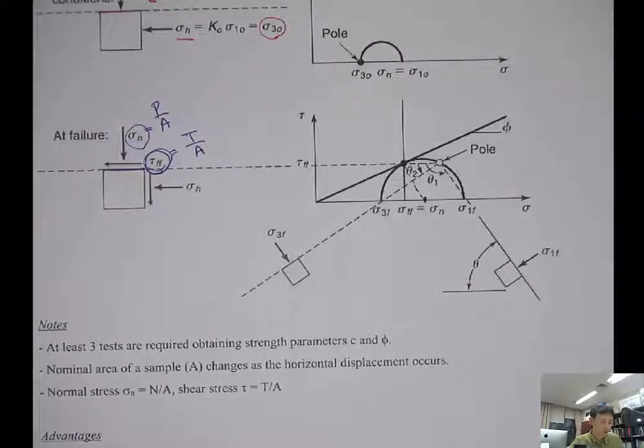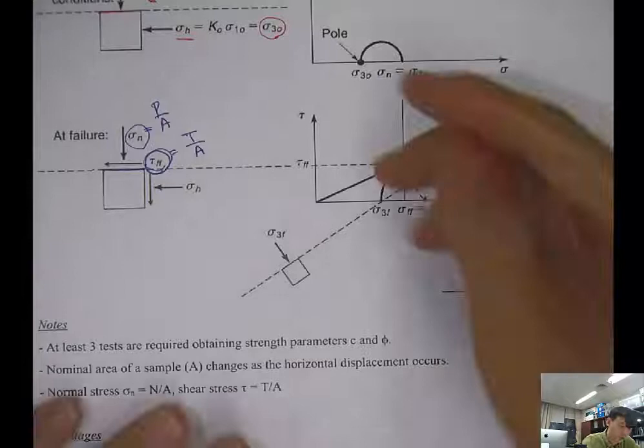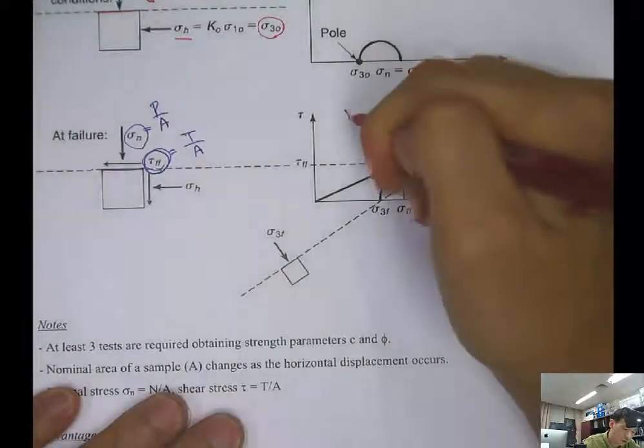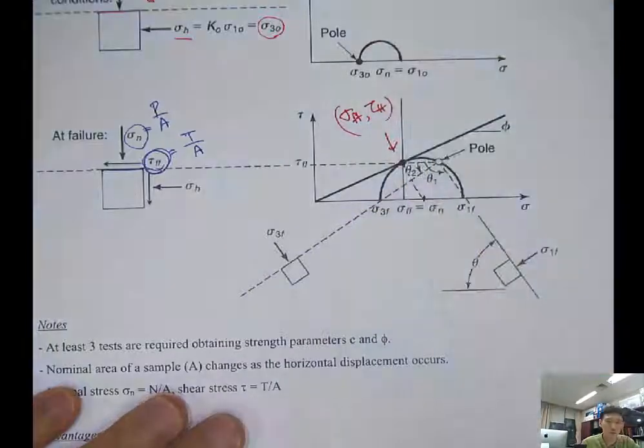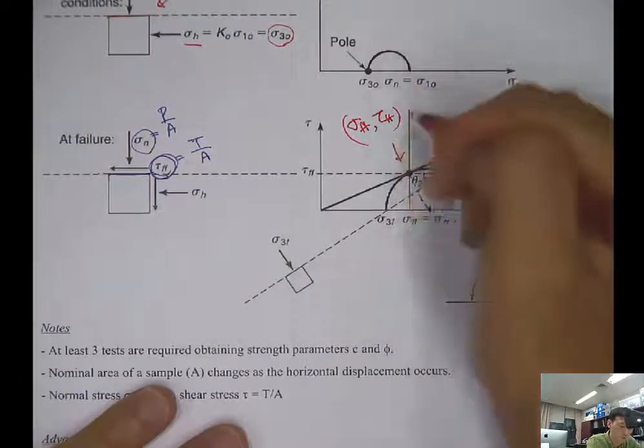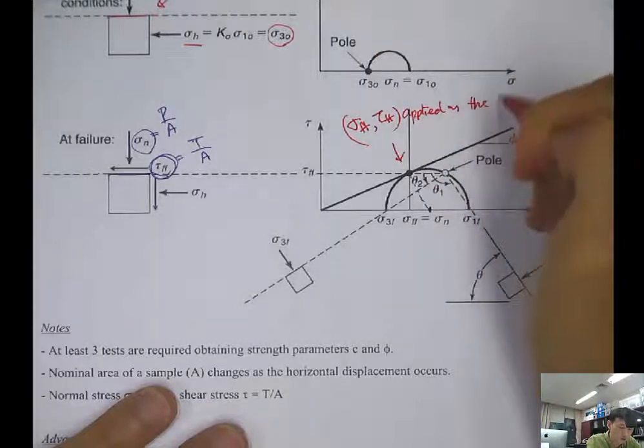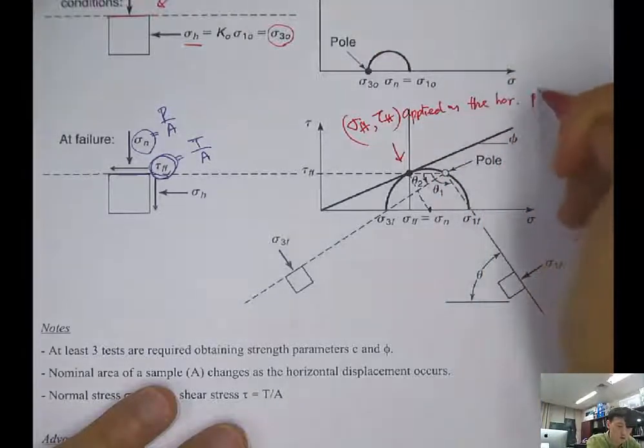Then we know that this sigma ff, comma tau ff stress is applied on the horizontal plane.